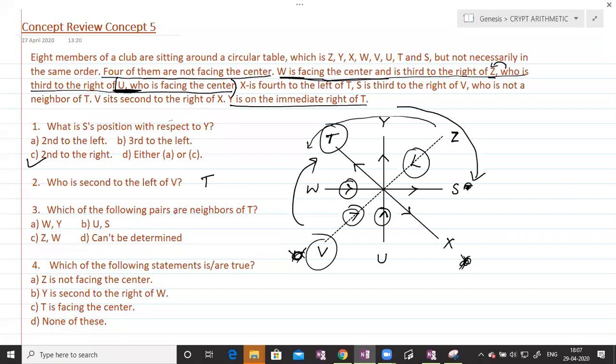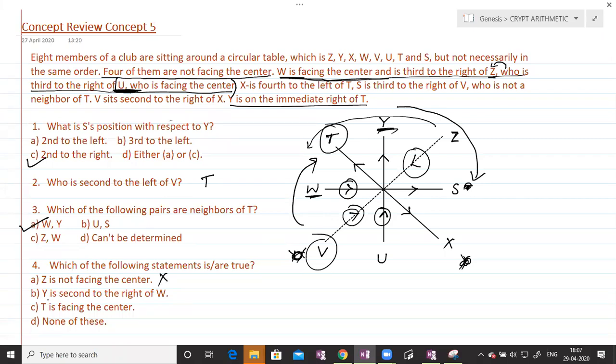Which of the following pairs are neighbors of T? W and Y, option number A. Which of the following statements is true? Look at the first statement. Z is not facing the center. Look at the Z. Of course, Z is facing the center.